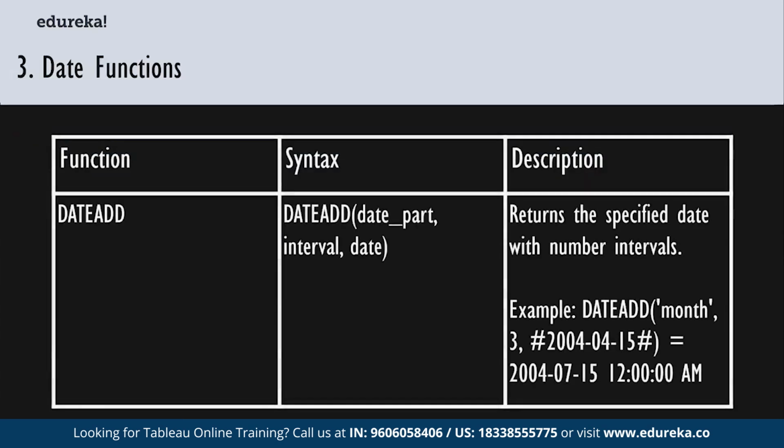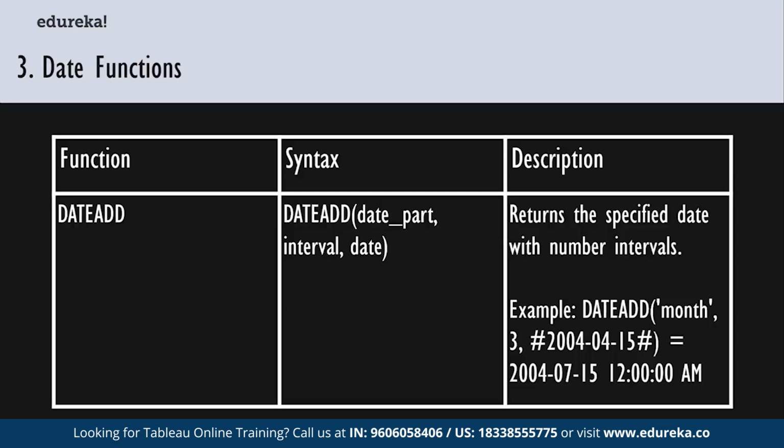We have the date add. Now, the date add returns a specified date with the specified number interval added to a specified date part of that date. For example, if I put in month as the date part, 3 as the interval, and a date as the date, this expression would add 3 months to the date 15th of April 2004.